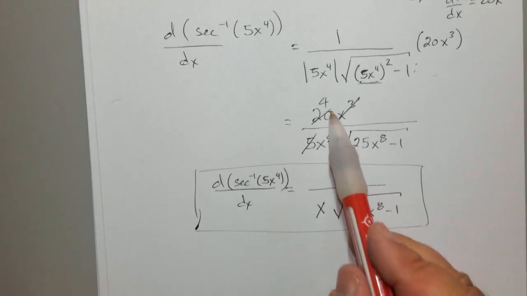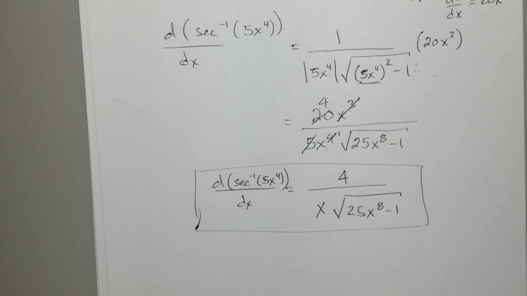You have 3 x's on top, 4 x's on the bottom, they cancel, subtract them. You have 1 left on the bottom. 5 goes into 20 four times, so the rest is there.